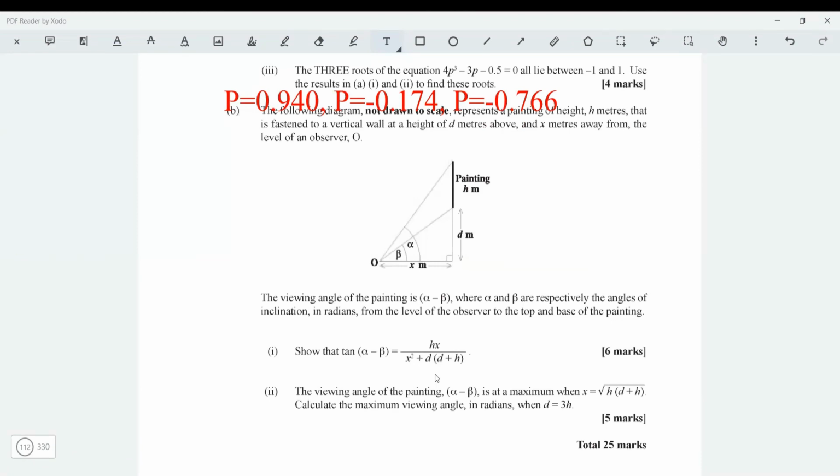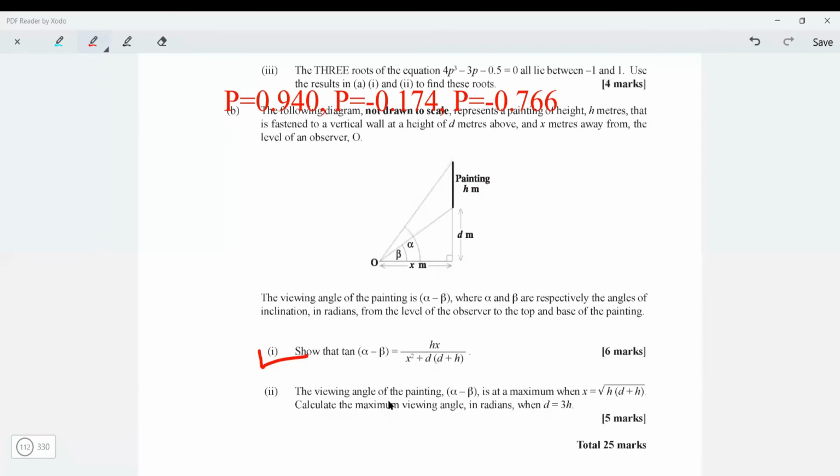This last one here, let's prove the first part. Last part, guys. The angle of the painting, alpha minus beta, is max when x equals root of h times d plus h. That's when the angle is maximum.